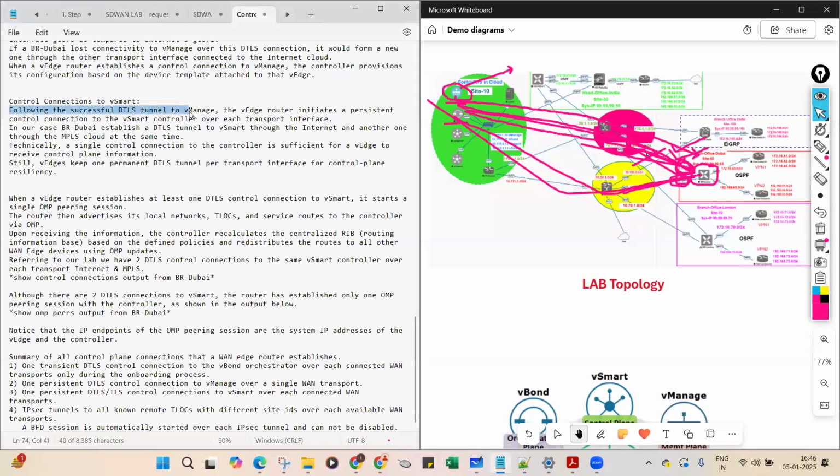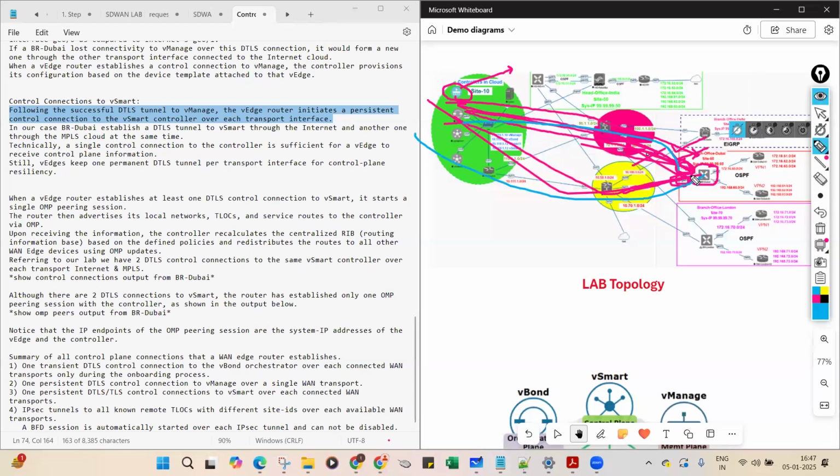Following the successful DTLS tunnel to vManage, the WAN edge router initiates persistent control connections to the vSmart controller over each transport interface. So in this case, the WAN edge router will initiate a connection over both available interfaces with the vSmart, and it will keep both of them.